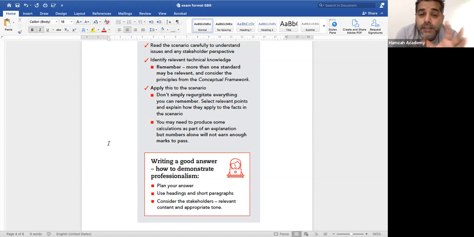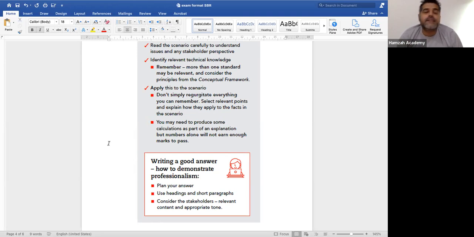And believe me, nobody can deduct your marks or say this is irrelevant, because ethical issues as a whole can be applied anywhere.